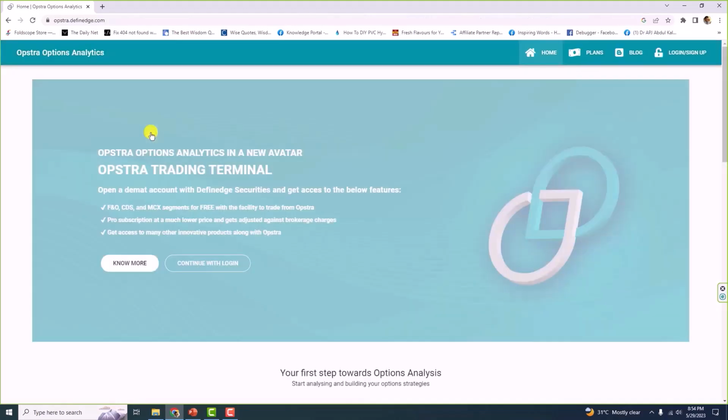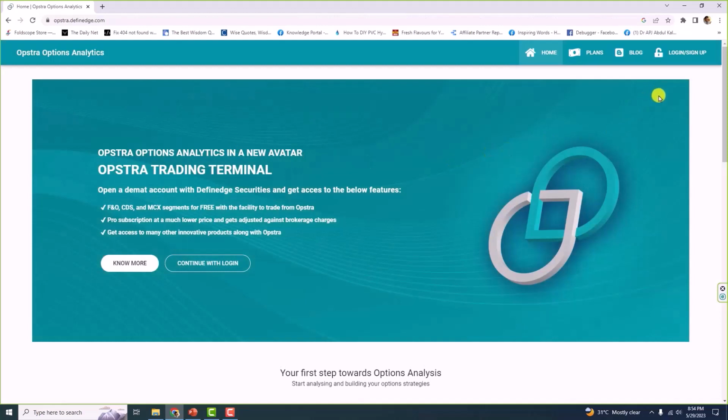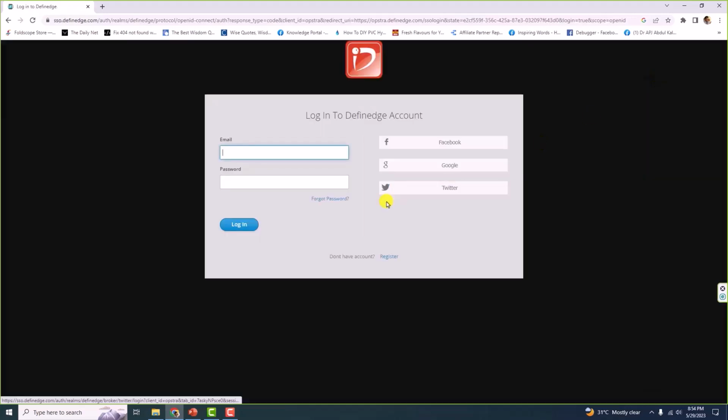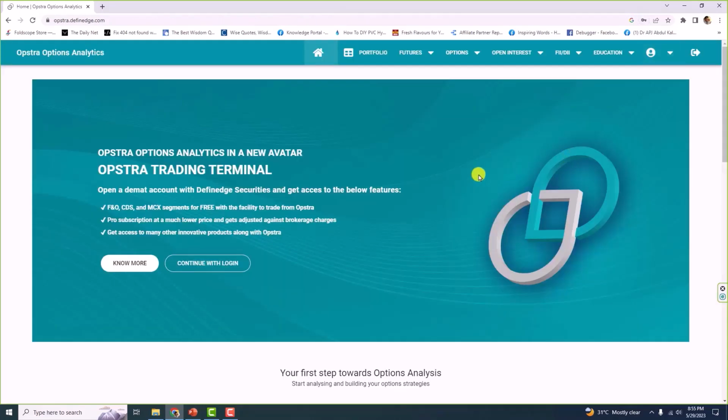Click on it and you have an option to sign up. You need to sign up before you can use it. Click on login or sign up. If you don't have an account, register. If you have one, you can log in. After registering, come back to this website and log in using the details. So I will log in now. All right, I have logged in.